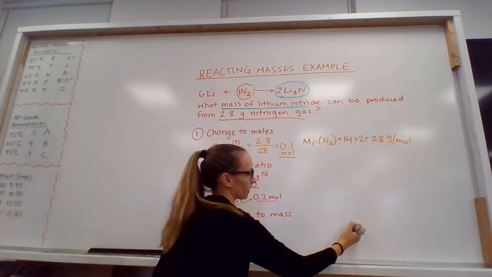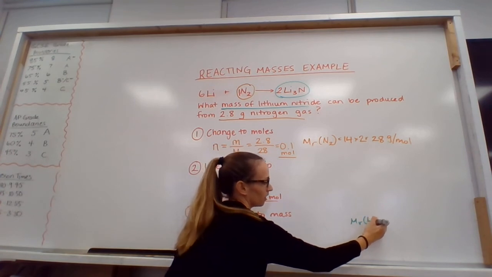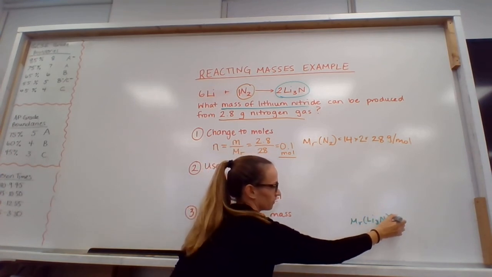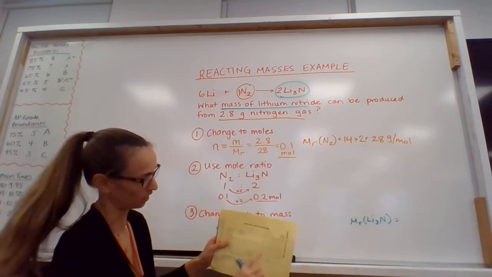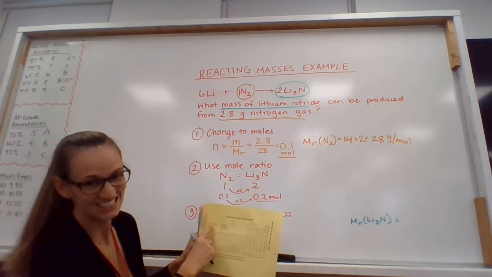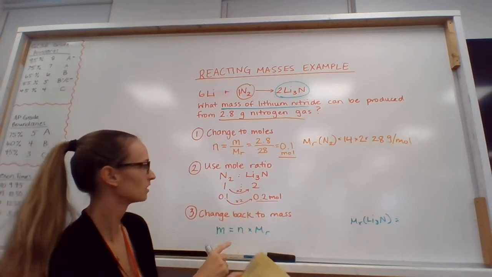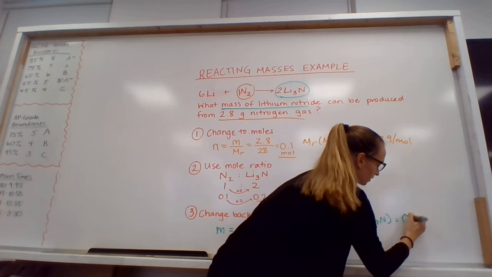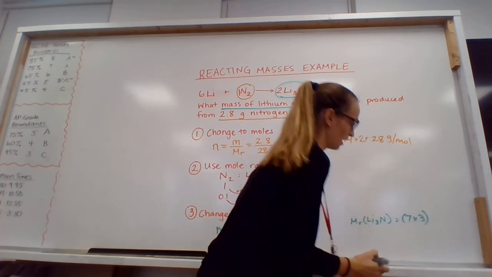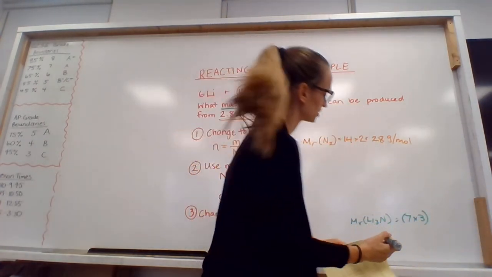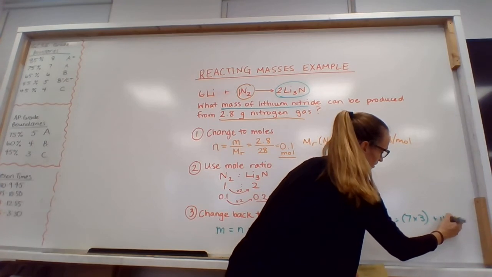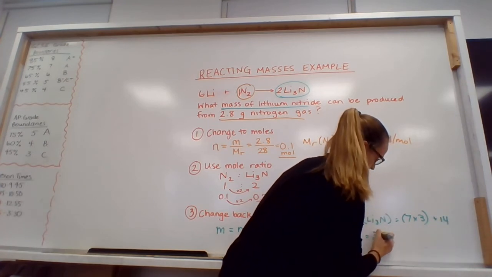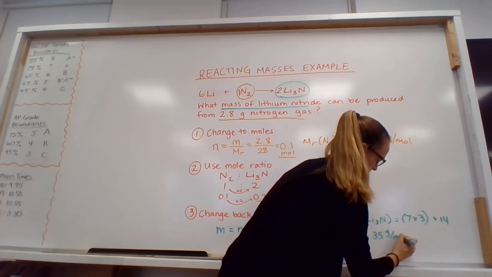So over here, if I work out my MR of lithium nitride, it's going to be 3 lithiums. Lithium is 7, atomic mass 7. So we need to do 7 times 3. And nitrogen we already worked out was 14, which gives us a total of 35 grams per mole.